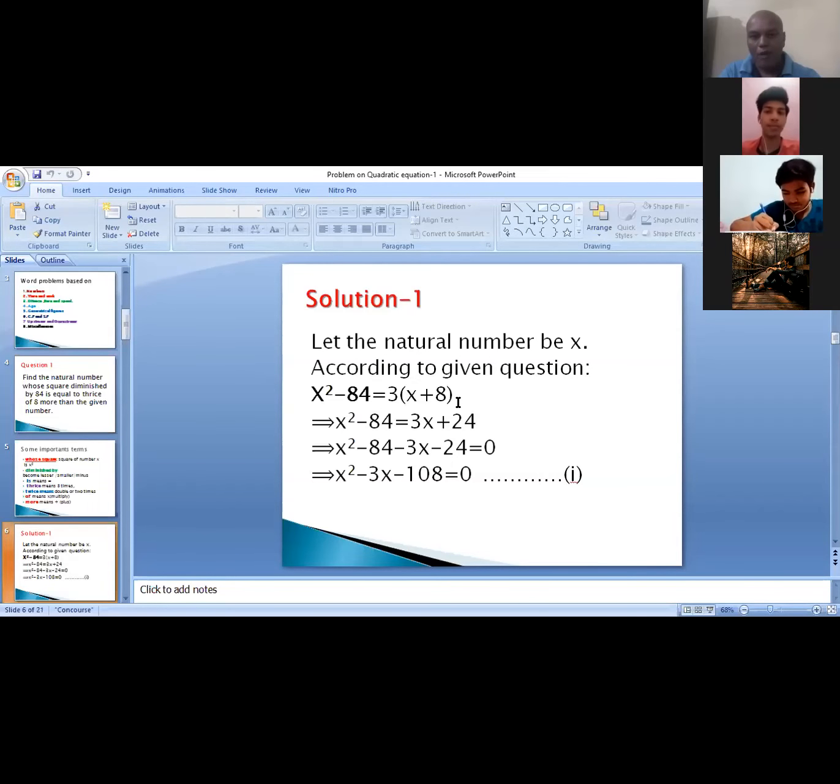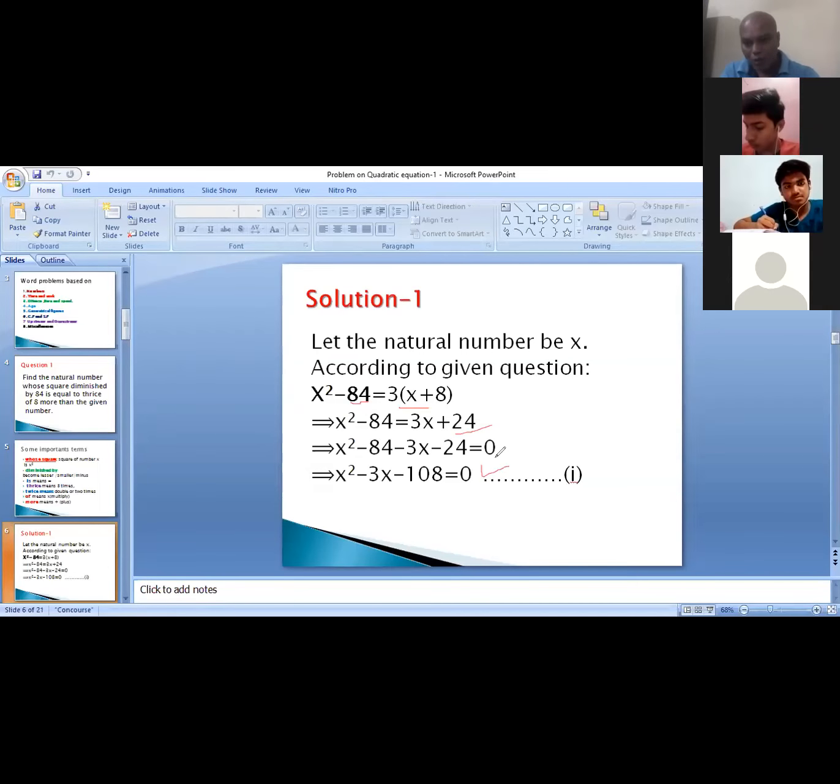Now you have to simplify it, multiply this one. It becomes x square minus 84 equals 3x into x, 3x, and 3 into 8, 24. Now arranging this equation, the equation is x square minus 3x minus 108.